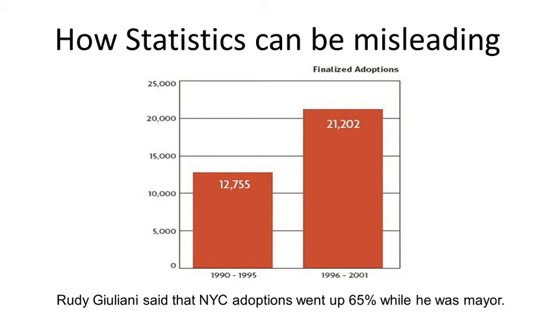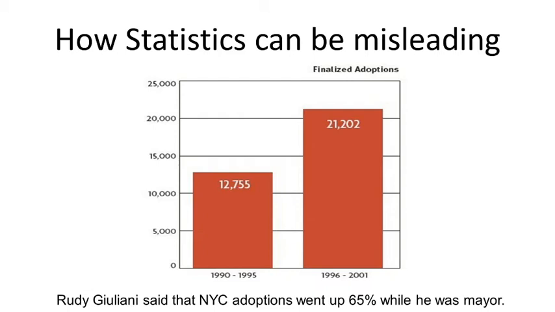So this graph came along with an announcement from Rudy Giuliani, who was the mayor of New York City. He said that New York City adoptions went up 65% while he was the mayor, and he presented this graph.